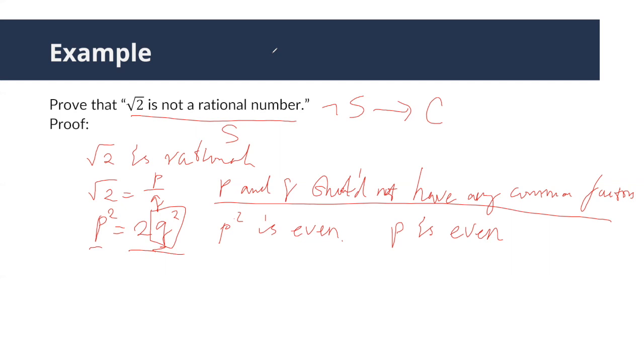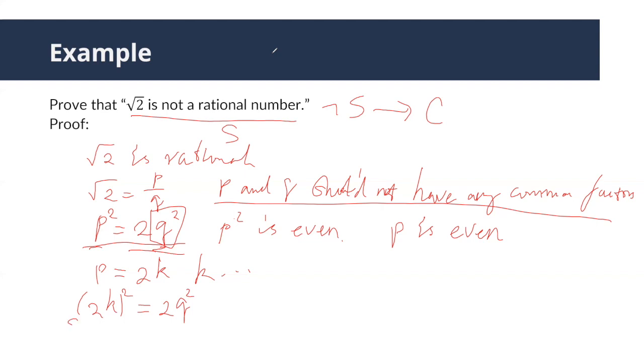Now, by definition of even numbers, we know that since P is even, P is equal to 2 times K, where K is some integer. Now, let's substitute P equals 2K back into this equation. You have (2K) squared equals 2 Q squared.